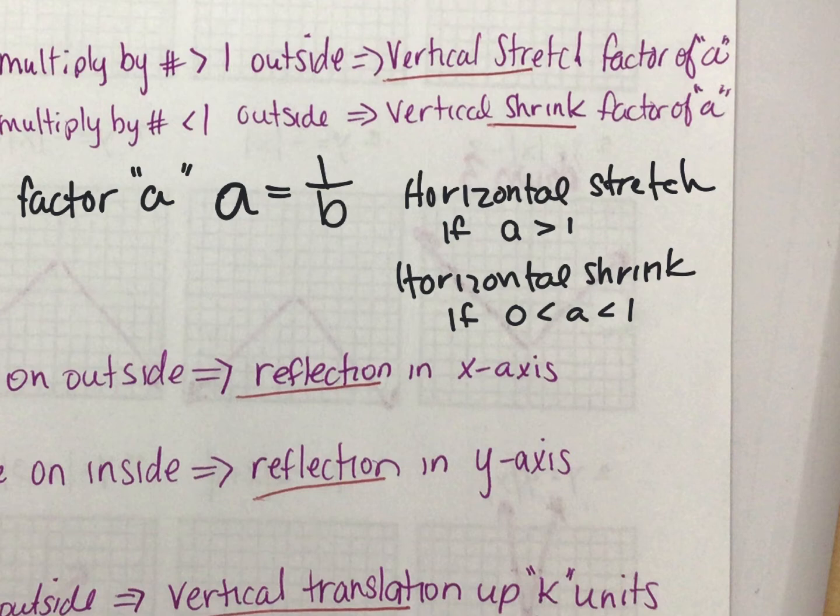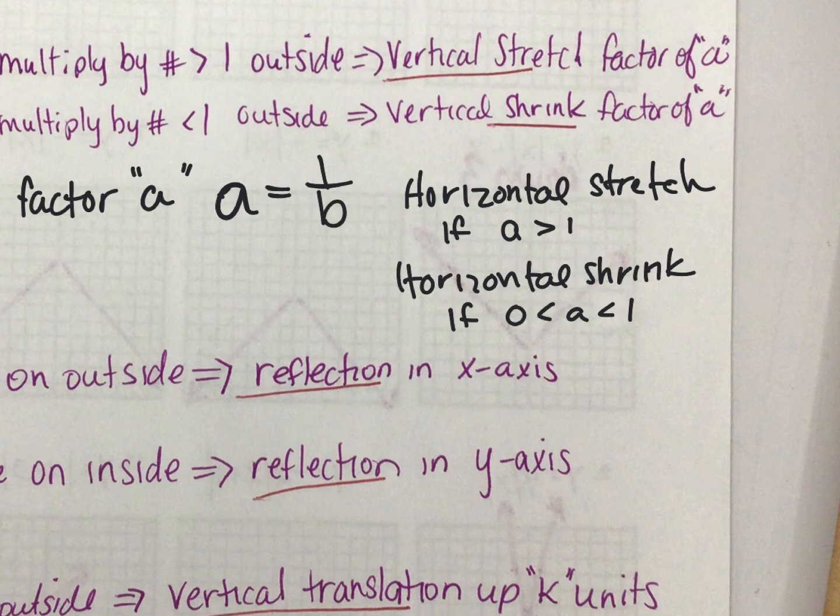I'm sorry, I said y-axis. It stretches it away from the x-axis and shrinks it towards the x-axis. When we talk about horizontal, vertical is away from the x, but horizontal would be away from the y-axis. So a stretch would be stretching it away from the y-axis, and a shrink would be stretching it closer to the y-axis.